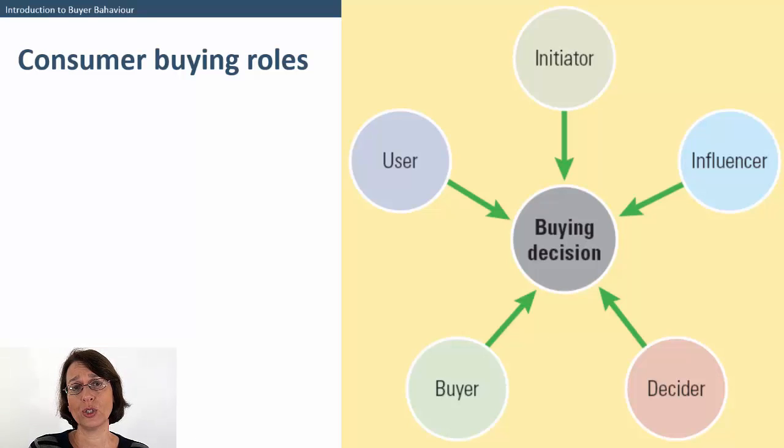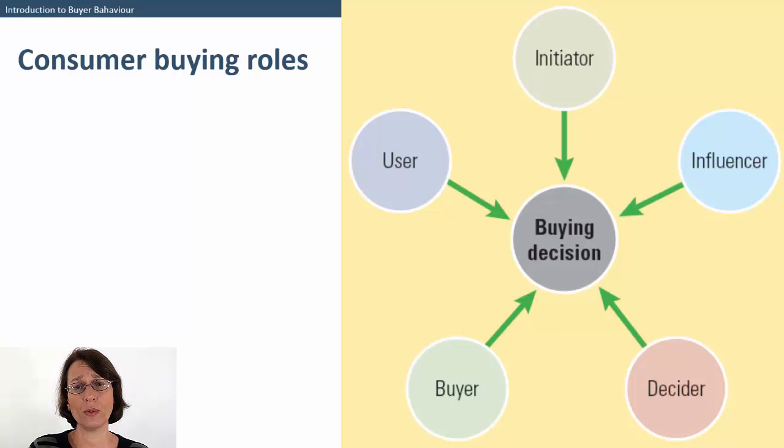Now we're looking at consumer buying roles. And it's important to remember that when a consumer is buying something, it's usually not just one person in the family who is making that decision, and that people within the buying unit have different roles and help to contribute towards the decision.